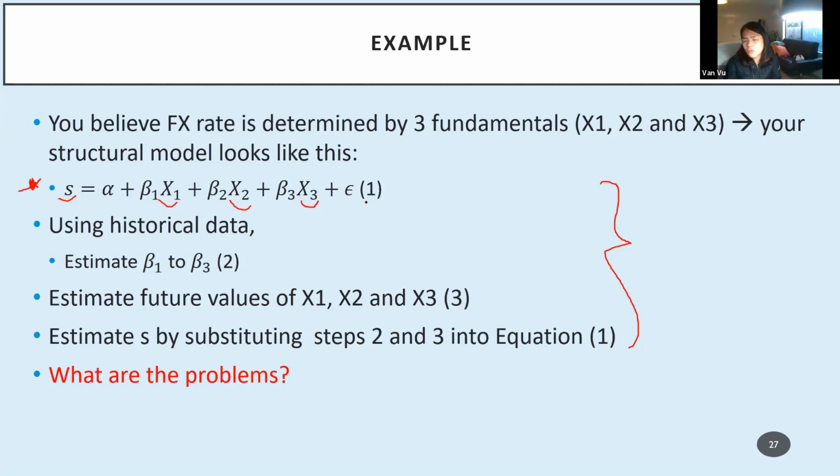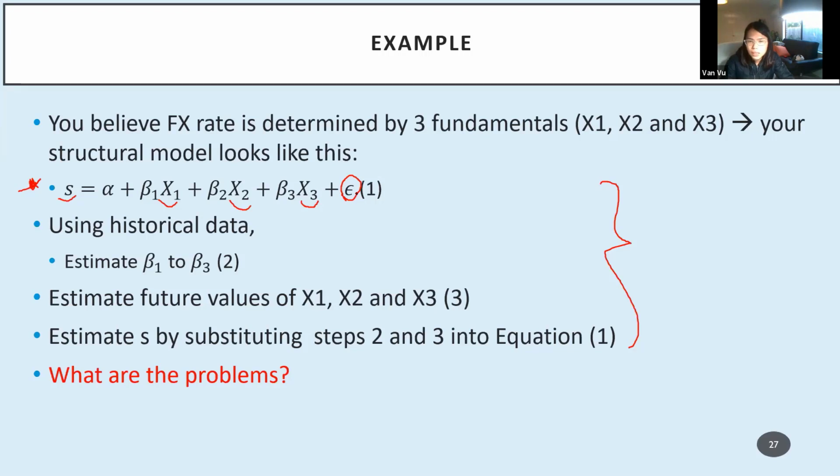If I get the structural form wrong, my estimation is likely wrong as well, okay? Number two, here I'm assuming that there are only three variables that could explain S, okay? What happens if there are more? When we omit important variables, it might bias the error term in our equation, and as a result, it will bias my estimation as well, okay?